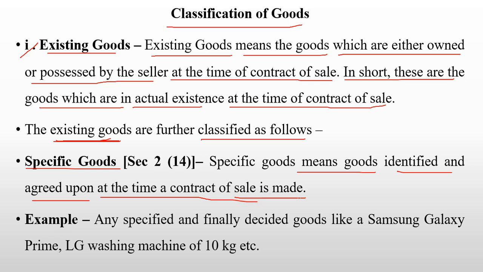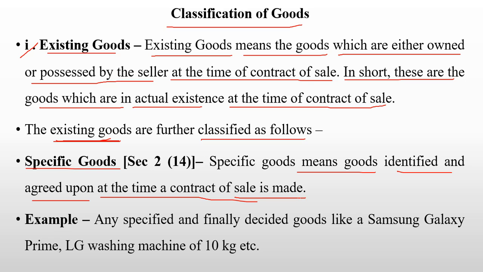First we will take the previous example of the electronic showroom. First you visited the showroom and you were not aware which goods to take, so it becomes uncertain goods. Once you select one particular product, a mobile phone, it becomes certain goods. Now from that mobile phone, you choose which company or brand you want to purchase.